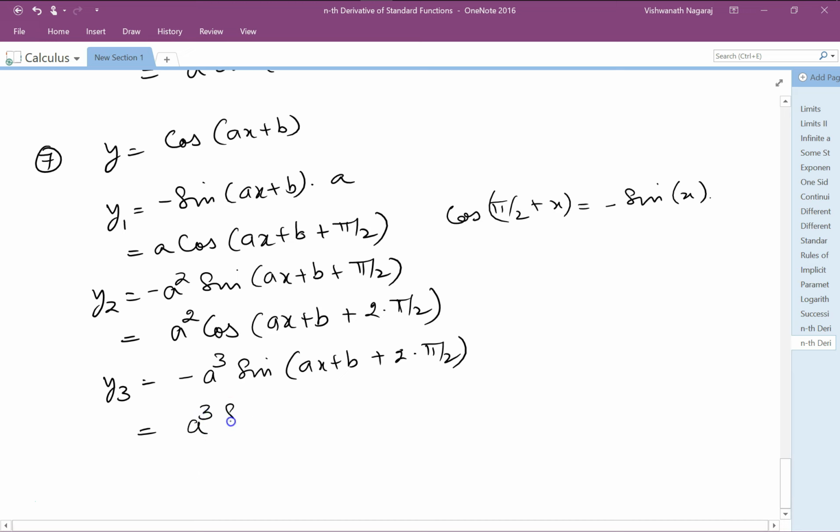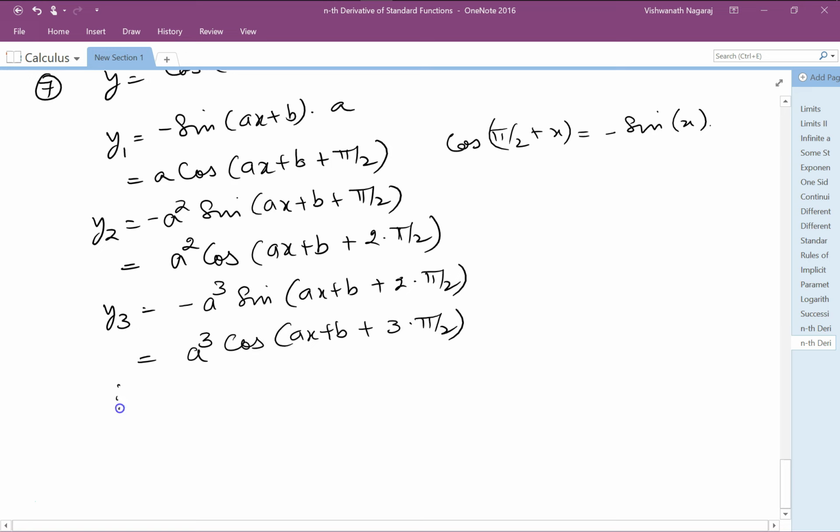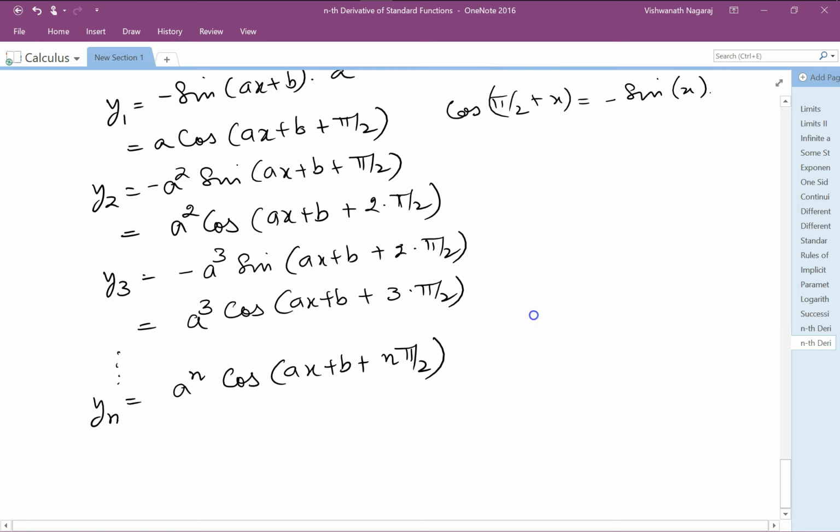So a cube cos(ax + b + 3 times pi/2). So now you got the pattern. So yn would be equal to a to the power of n cos(ax + b + n pi/2).